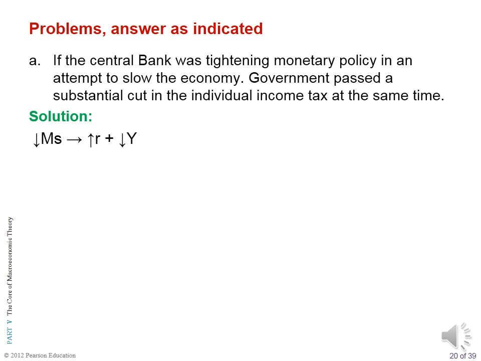Contractionary monetary policy will decrease Y and increase R. Expansionary fiscal policy will increase R and increase Y. So what's the final effect on R and Y? The interest rate will increase for sure, but the effect on Y is inconclusive.